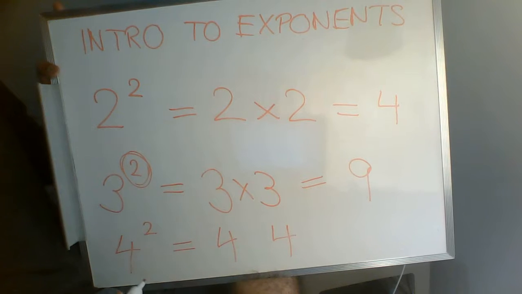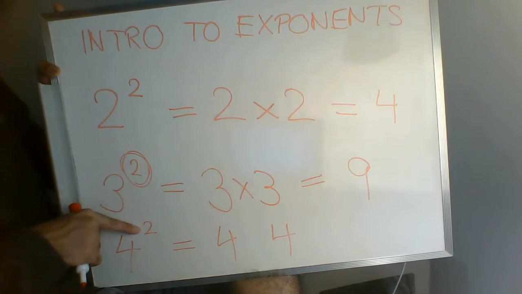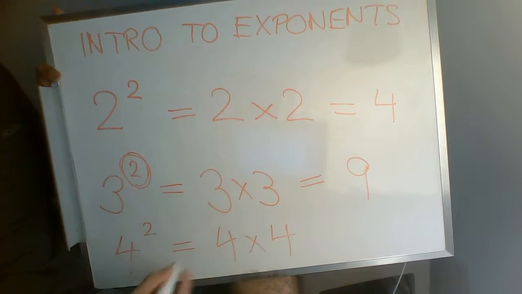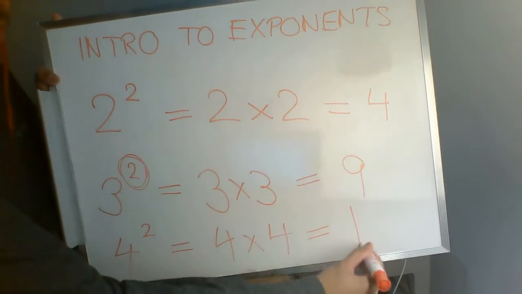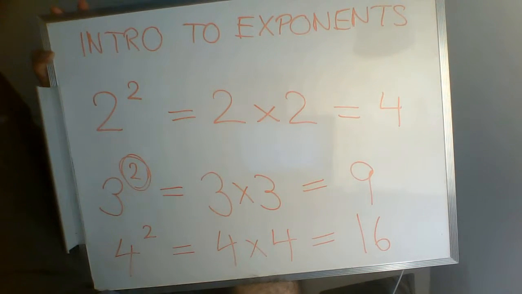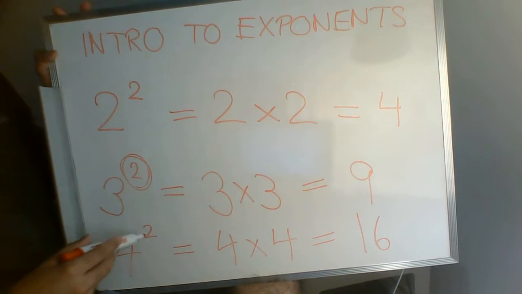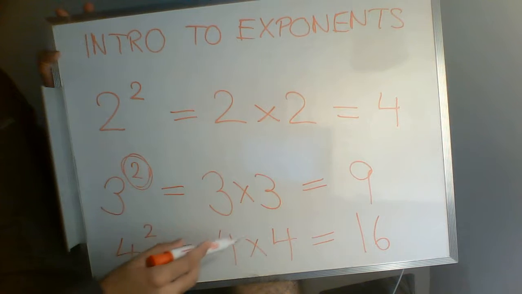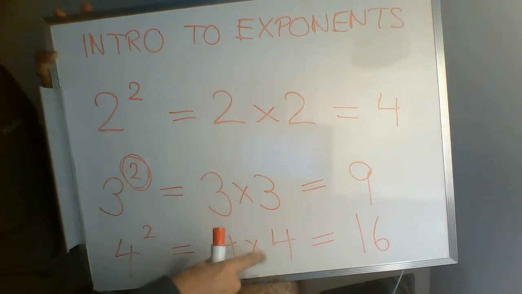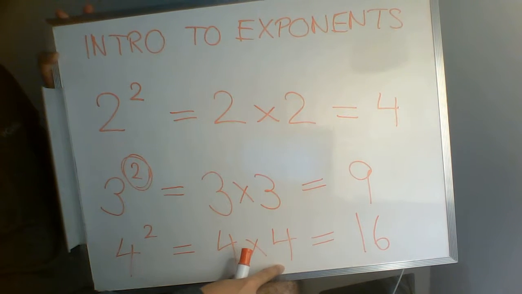So we've got 2 4's down here, only 2 of them because of the 2 up here in our exponent, and we're going to multiply those together. 4 times 4 is equal to 16. And so that's what gives you your answer: this 4 squared means 4 times itself, 4 times 4, and we have the base written down twice.